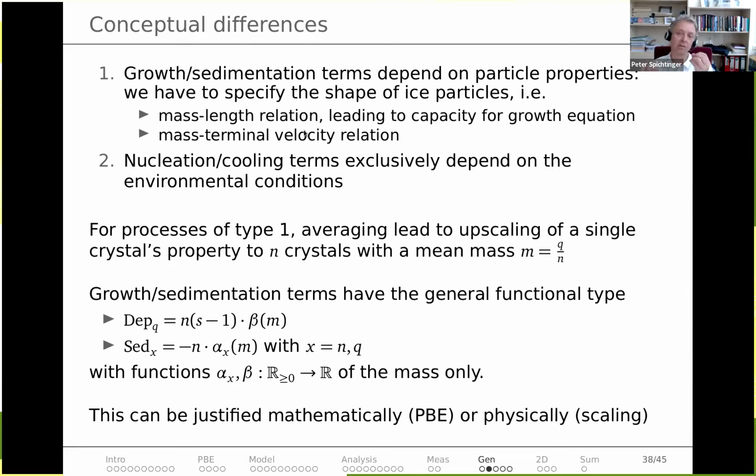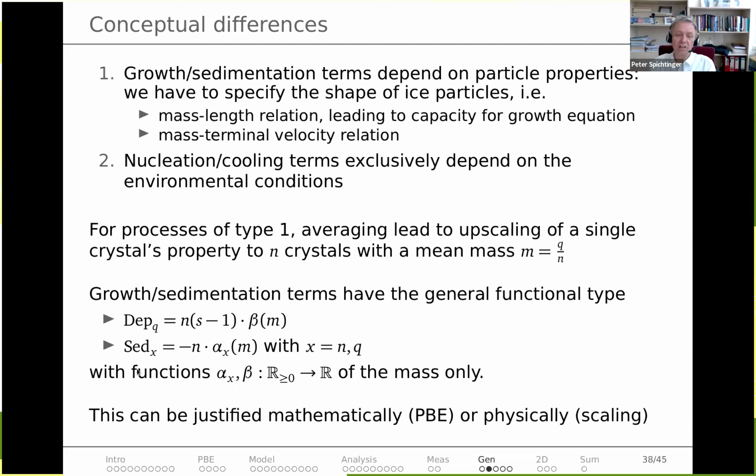So you start with a mass growth equation and you scale it up to many particles. And you have a vertical velocity or terminal velocity relationship and you scale it up. So it depends really on the shape of the particles and then it's scaled. On the other hand, the nucleation and the cooling terms exclusively depend on the environmental conditions. So they do not depend on the cloud. They depend on the environment.